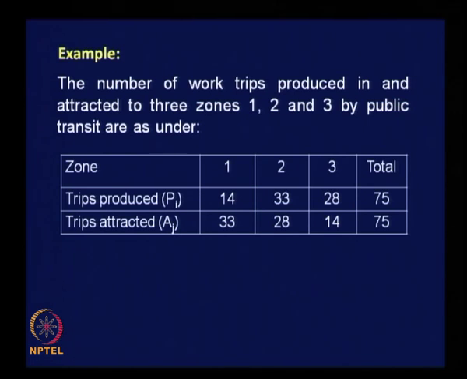Zone 2 produces 33 trips, attracts 28 trips, and zone 3 produces 28 trip ends and attracts 14 trip ends, and the total of the trip ends produced and attracted are 75 each. This information is given to us. These trip ends pertain to trips made for work by public transit.